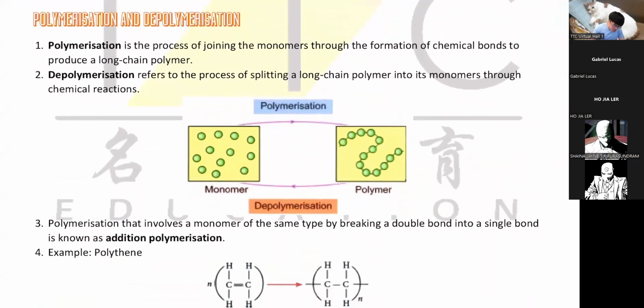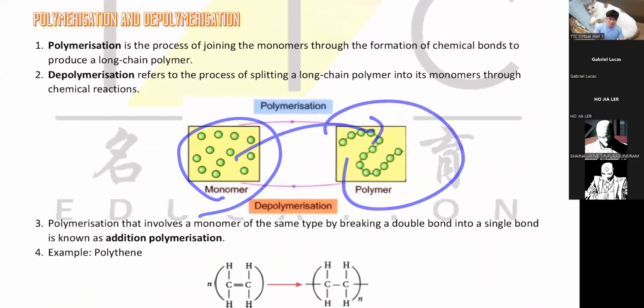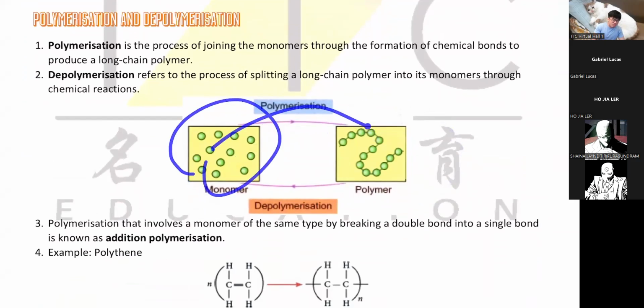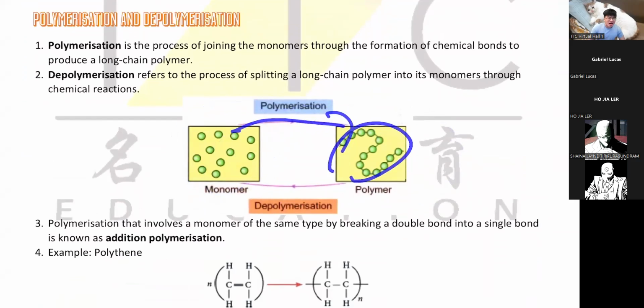About the process, this is very simple. To change monomers into polymers, to chain them together, we polymerize them. You get what I mean? If something has no color and I want to make it have color, I colorize it. So to make them into polymer, I polymerize them.